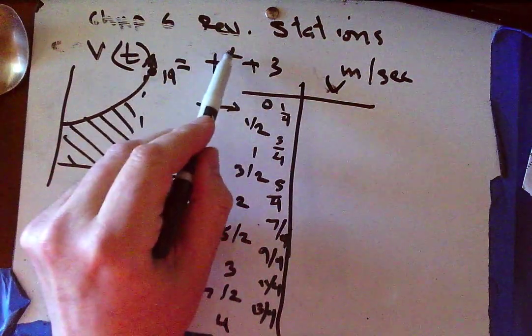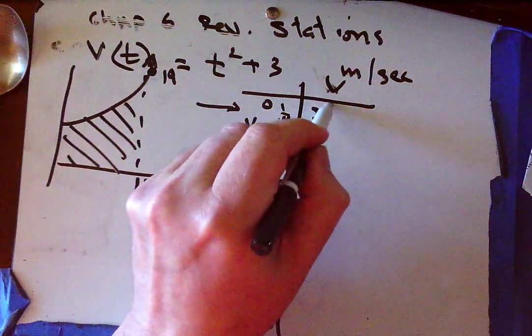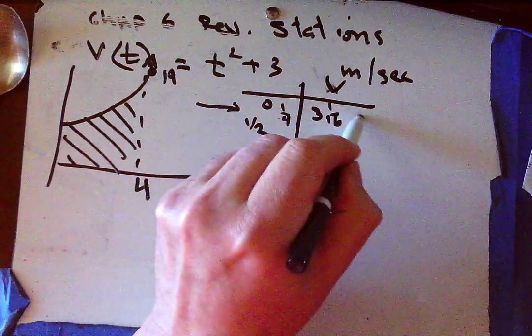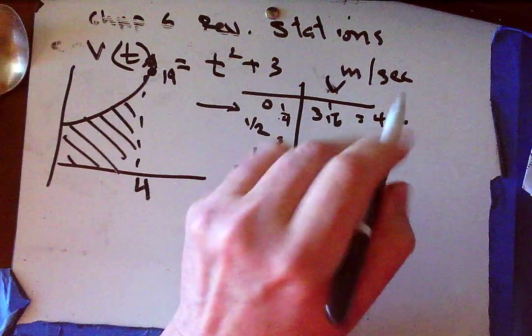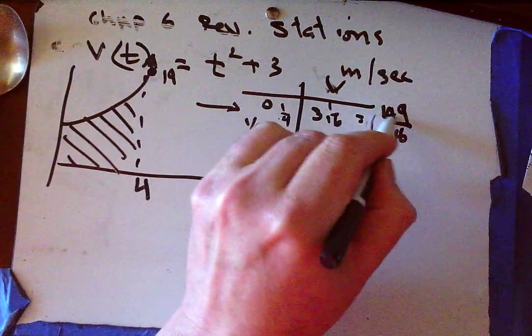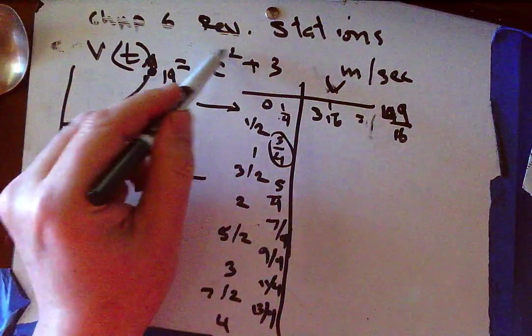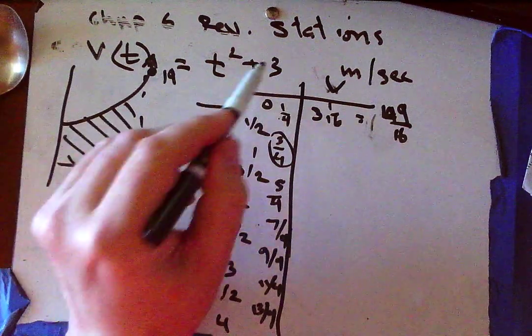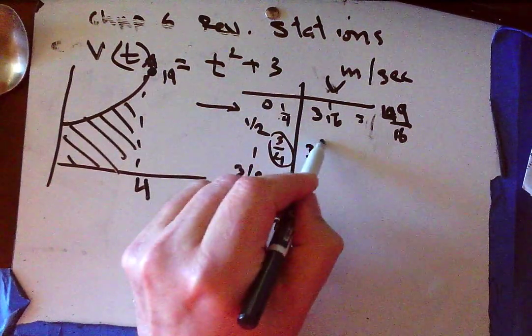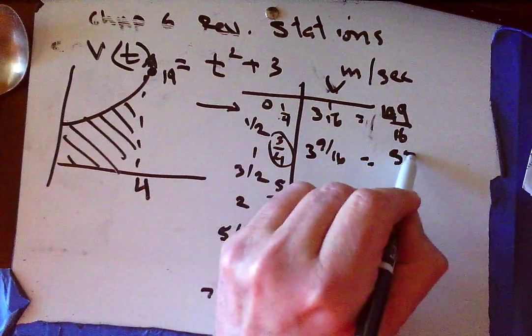So t squared, that's going to be 1/16 plus 3, or 3 and 1/16, which I guess is 49 over 16. And then next I'm using 3/4, and I square that, and I get 9 over 16 plus 3. 9/16, 48, 57/16.